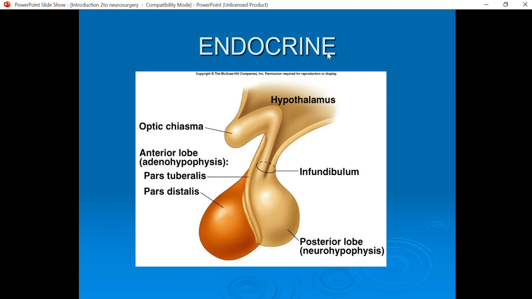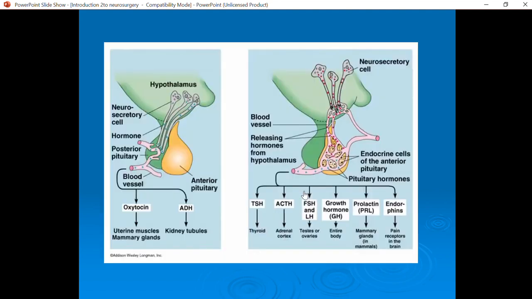Another complication of head injury, other than what we mentioned before, is endocrinal complication. You know the pituitary glands, anterior and posterior, 6 hormones and 2 hormones. Any of the 6 hormones from the anterior pituitary or 2 hormones from the posterior pituitary can be compromised because of injury to the skull base, causing injury to the pituitary gland, the stalk, or the hypothalamus.